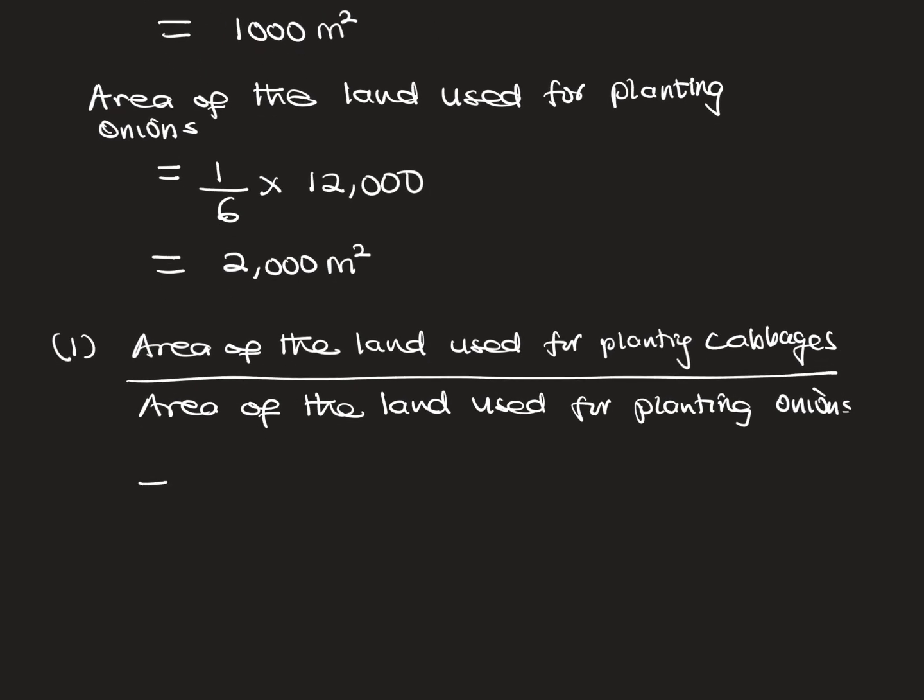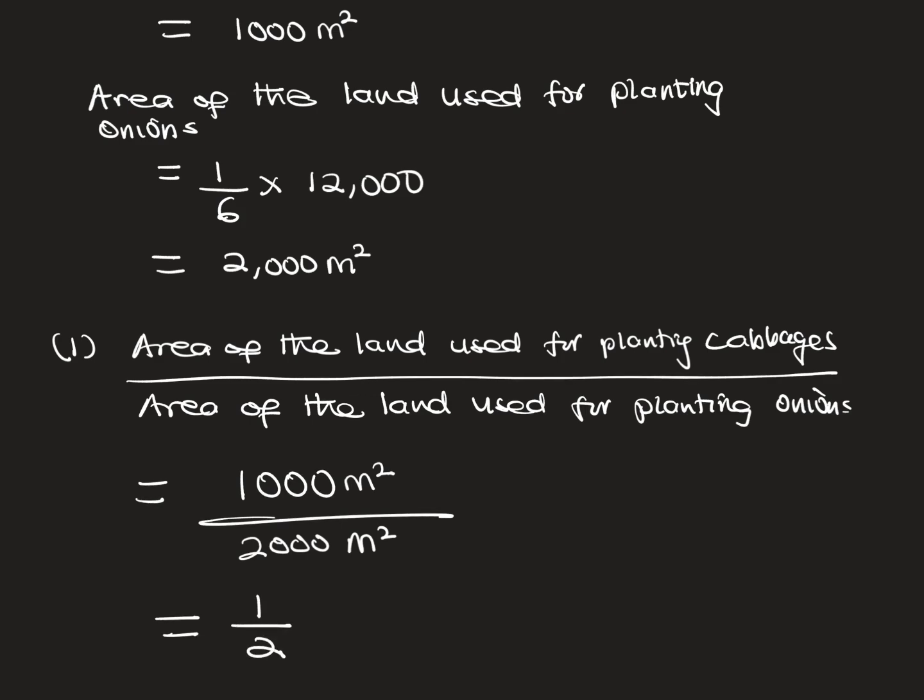That will be 1,000 meter squared as the area of the land used for planting cabbages divided by 2,000 meter squared as the area of the land used for planting onions. So we'll have 1 over 2 as the answer.